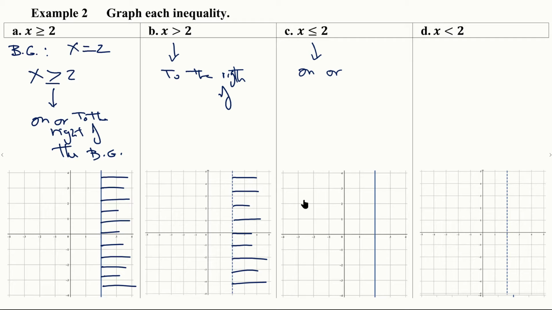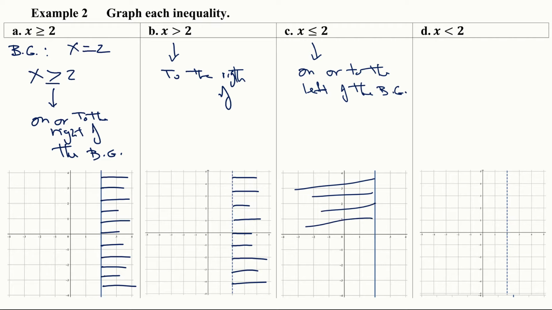For every point in this region, right, that I'm showing, the x value of that point would be what? Less than 2, right? And for every point on the line itself, the x value is 2. So you want all the points whose x value is either 2 or less than 2. So it'll be the line or everything to the left. So that's why we say either on the line or to the left of the boundary graph. All right, so just shade this part.